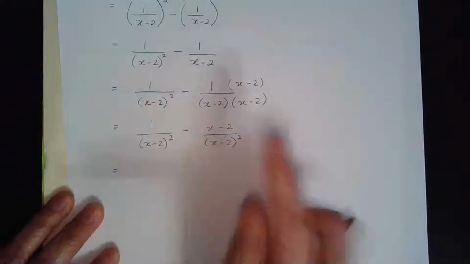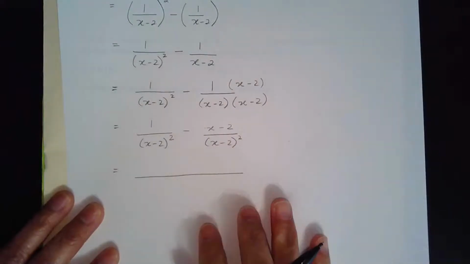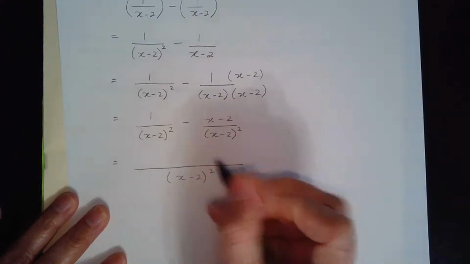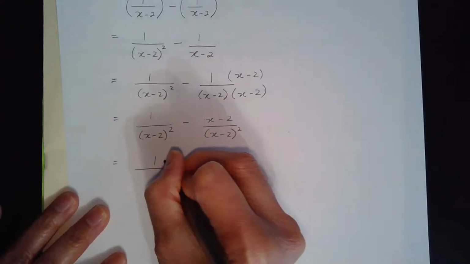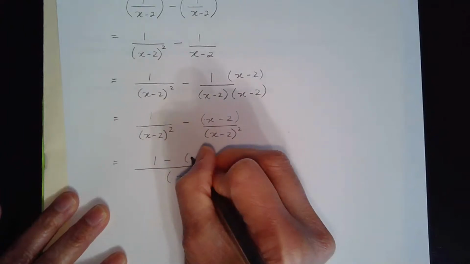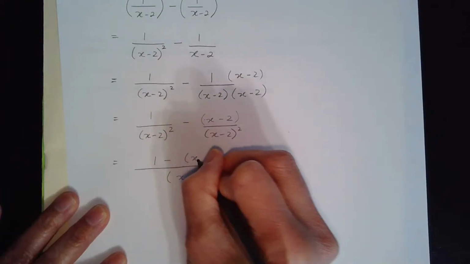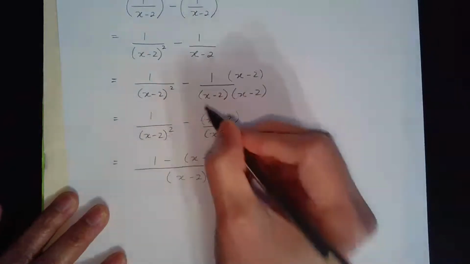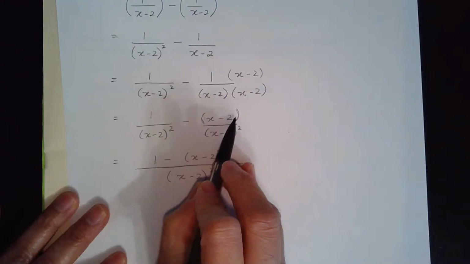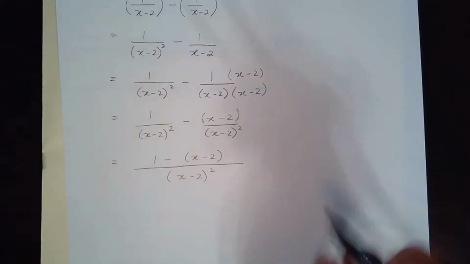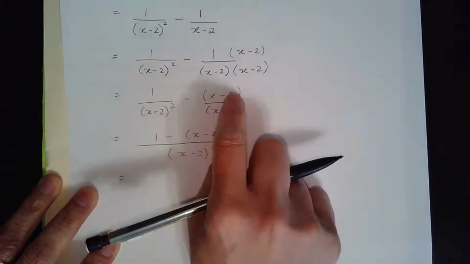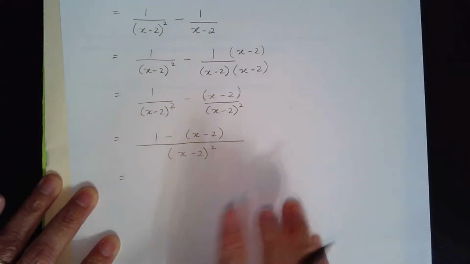Again, I'm going to clean it up by writing it all as one. So it's x minus 2 squared in the denominator, and the numerator is 1 minus, in brackets, x minus 2. I put it inside the brackets to help me remember I have to subtract all of that, not just the x, but the x minus 2.